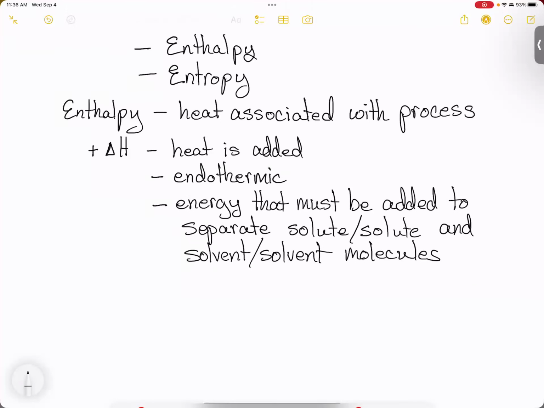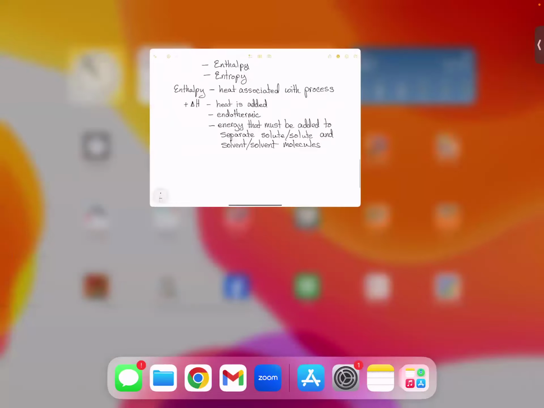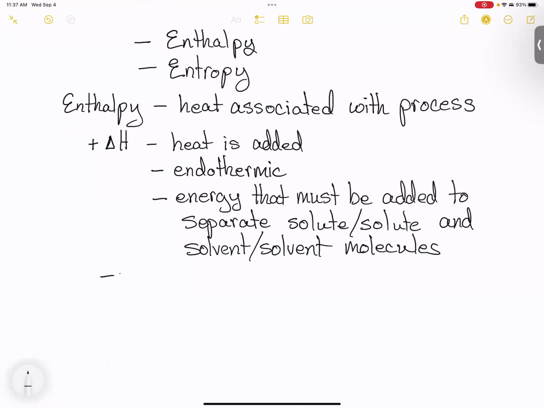Now, just a reminder, a negative delta H means that heat is generated as a part of the process, as a part of the reaction. It means that it is exothermic.